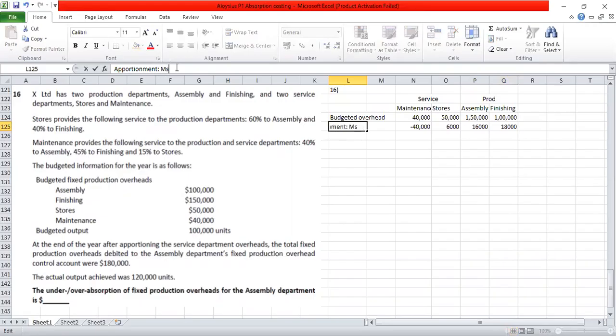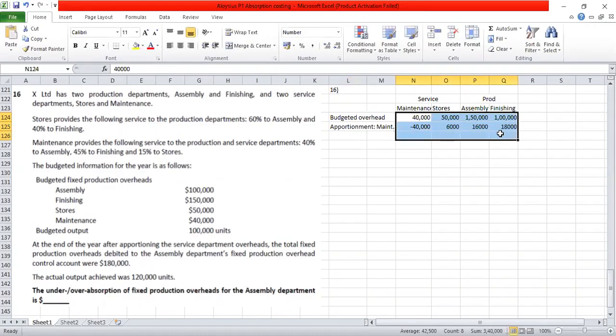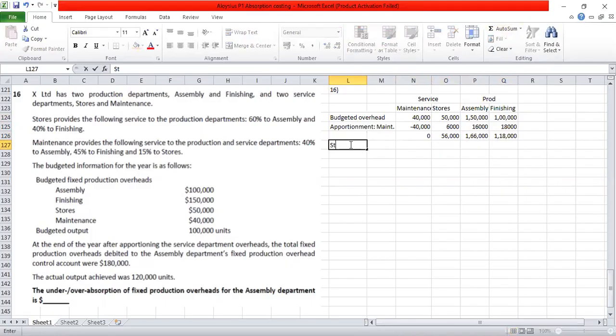First, we are starting with maintenance. Next, we start with stores. Now, stores already has 56,000. Do you see that? 50 of its own, 6 it is taking from maintenance. So total 56,000 has to be apportioned. So we start with stores. Take stores and then apportion it to the other two departments.